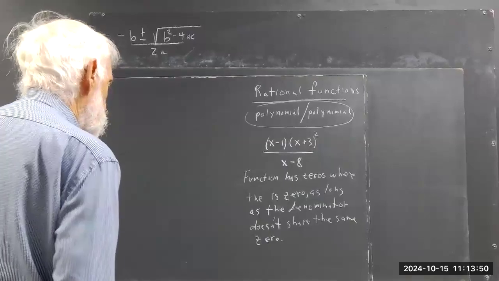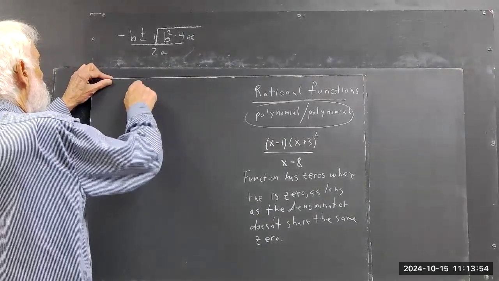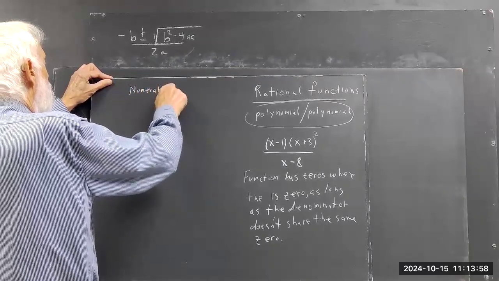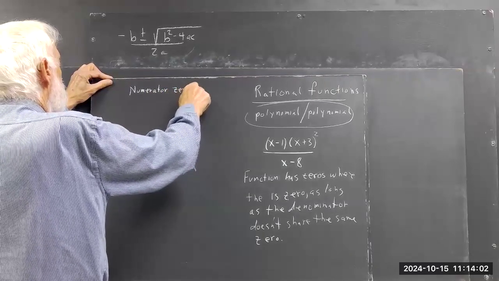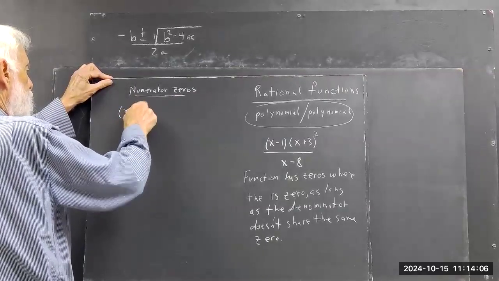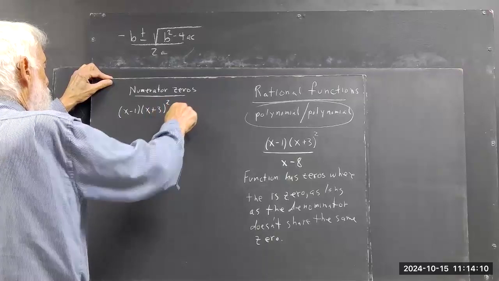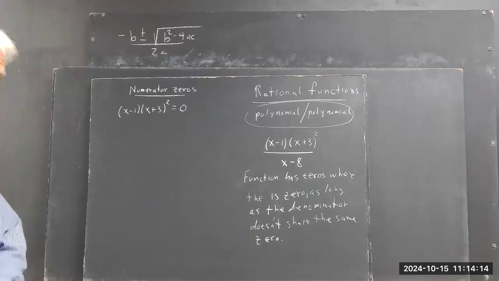Okay. Now the numerator is 0. You have x minus 1 times x plus 3 squared equals 0.